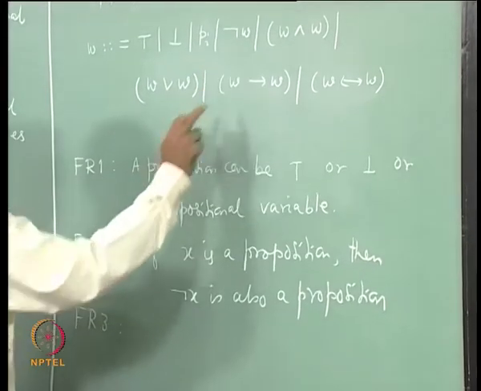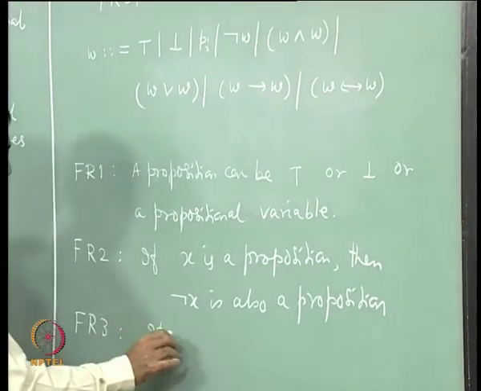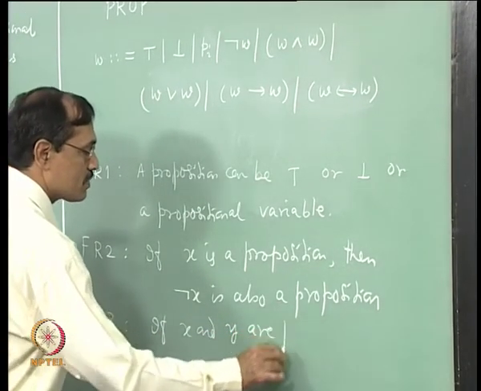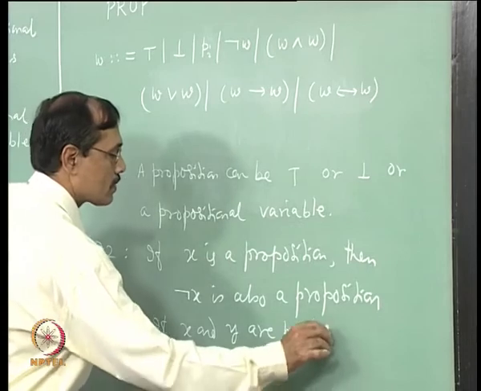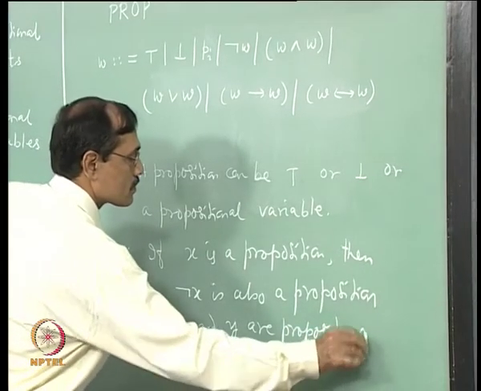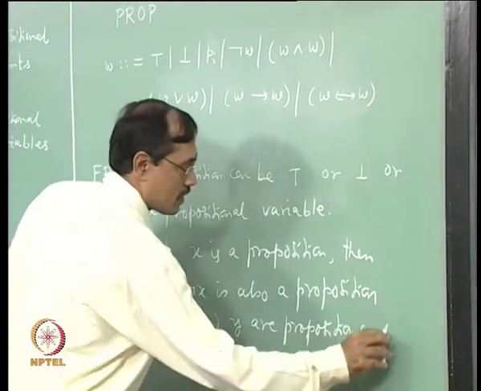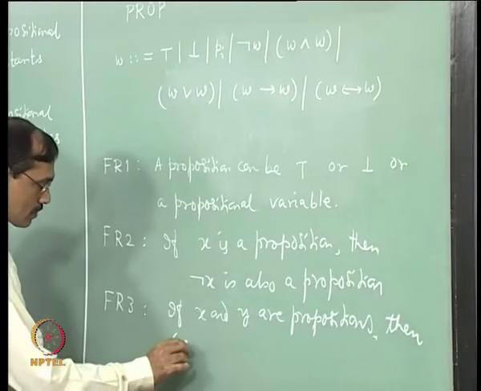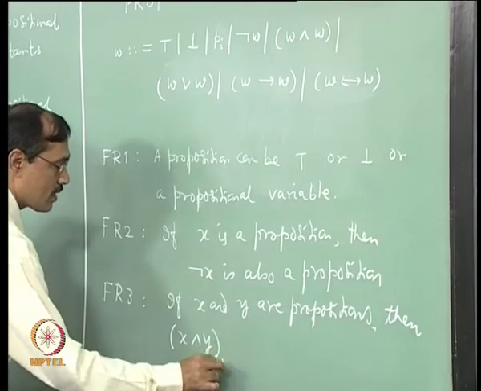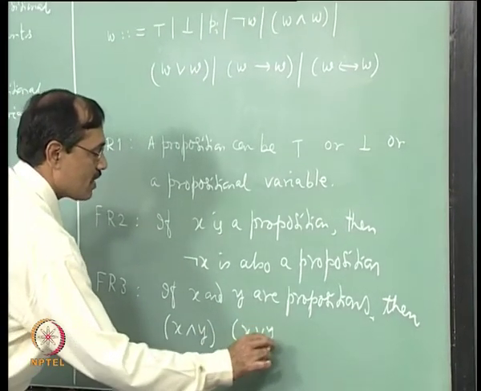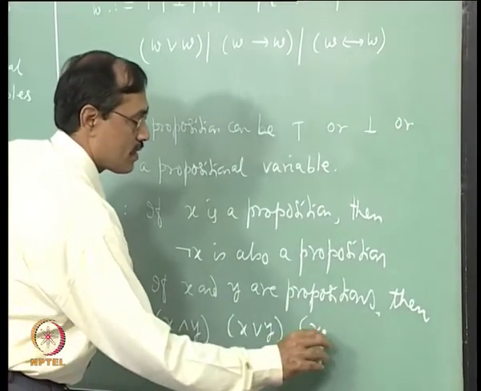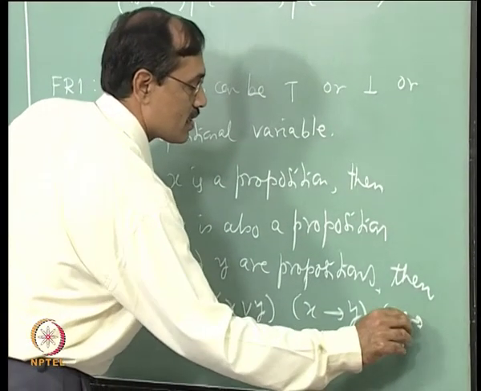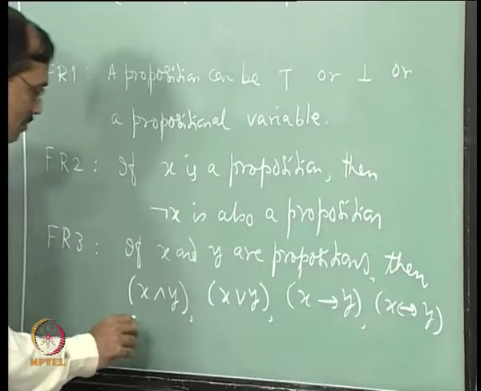Then all the other things we can write: if X and Y are propositions, then X and Y, X or Y, X implies Y, X if and only if Y are propositions.